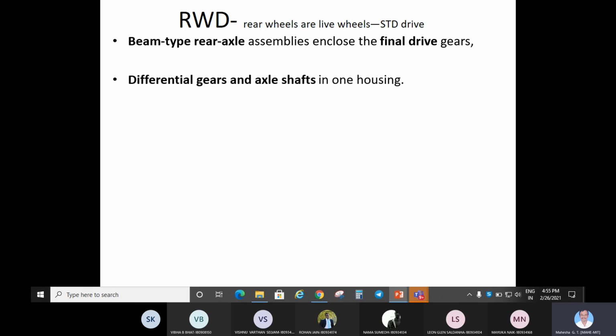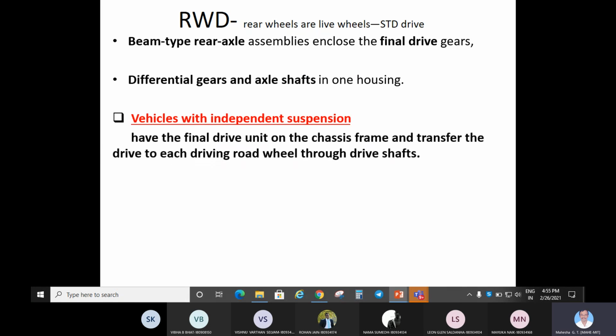You can see differential gears, final drive, some bevel gear type of final drive is provided. Vehicles with independent suspension have the final drive unit on the chassis frame and transfer the drive to each driving road wheel through drive shafts.